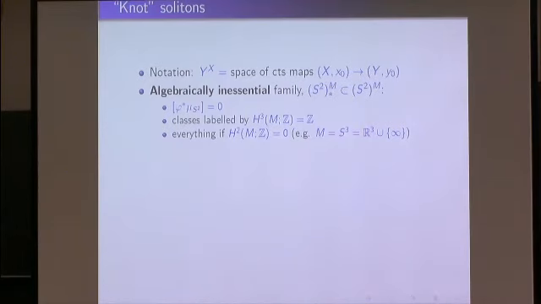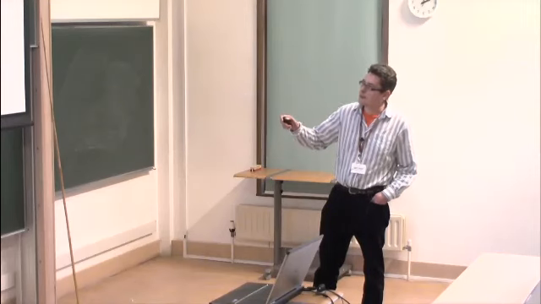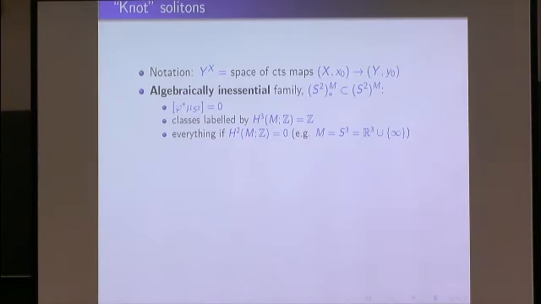So in particular, if H2 is 0, remember we got H3 and we divided it by 2 alpha cup H1, where alpha was in H2. If H2 is trivial, everything's algebraically inessential, right? So this thing is bound to be 0 if H2 is 0, and then we're always just labelling things by H3. Okay. So in particular, this is true in the case of most interest, where our domain is the 3-sphere, thought of as being R3 with a point at infinity to capture the boundary condition.